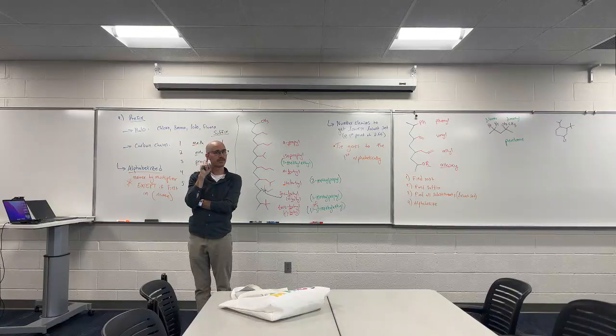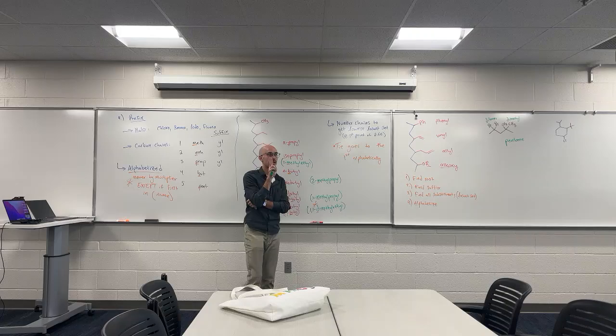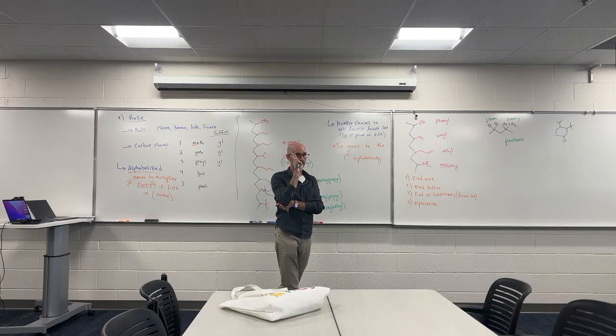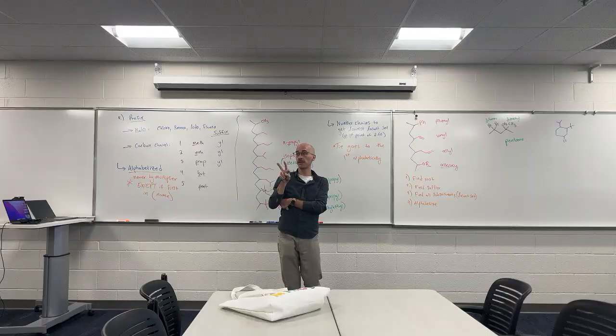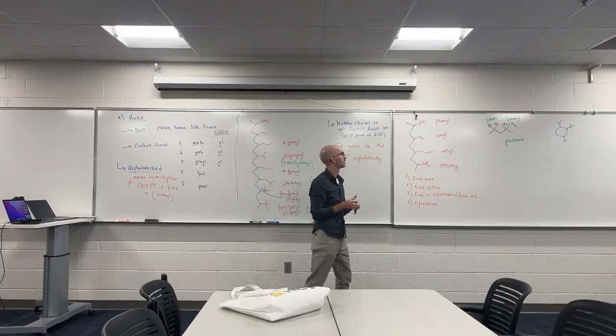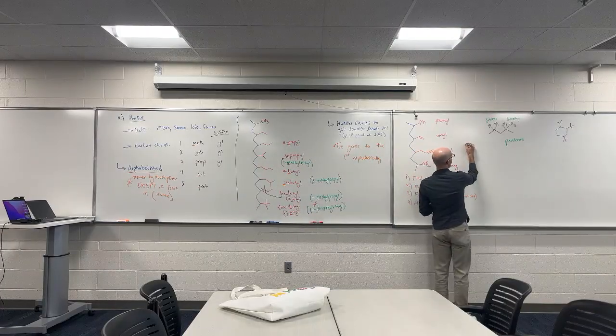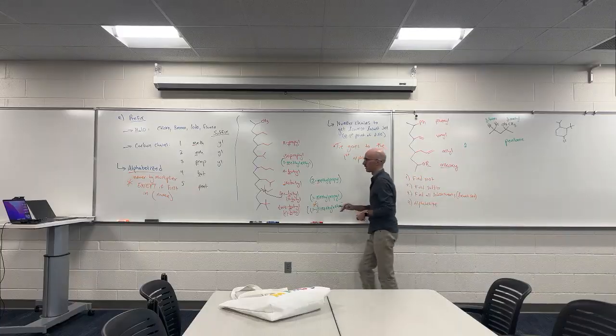What letter? B. And how do I alphabetize dimethyl? M. But I also need locants. What locants do I get for the 2 bromines? 2 and 2. I have 2 bromines, they both need a number, right?